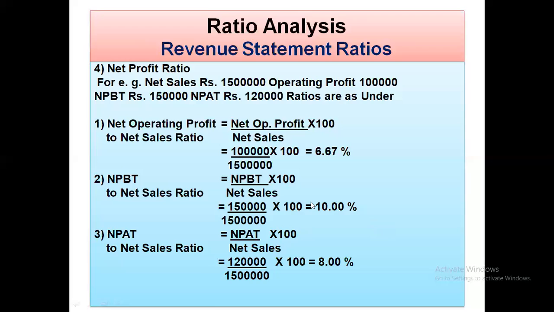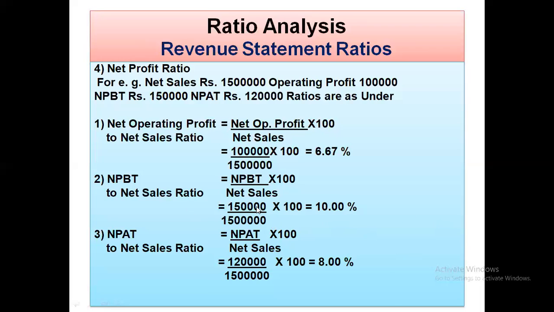This can be determined by applying the formula net profit after tax divided by net sales into 100. Net profit after tax is 1,20,000 divided by net sales rupees 15 lakhs into 100. The ratio is 8%. In this way, all the profit ratios can be determined.